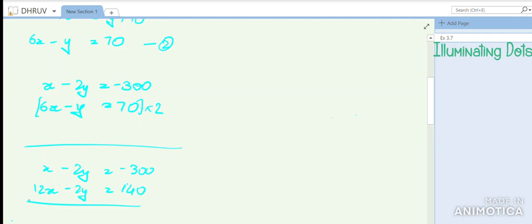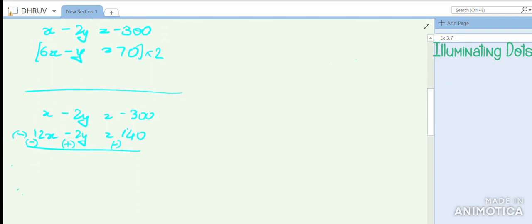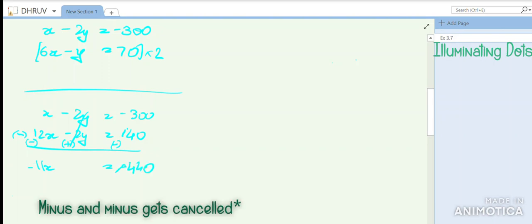Since minus 2y and minus 2y have the same signs, I will subtract them to make the signs unlike. So we subtracted: 12x becomes minus 12x, and 140 becomes minus 140. Now it becomes minus 11x, the y terms get cancelled, and minus 300 minus 140 is minus 440. Now x is equal to 40.